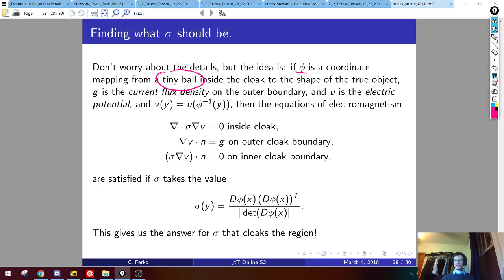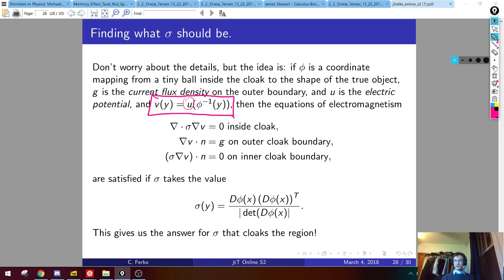But the point is that if you have such a coordinate map, which we use the Greek letter phi for, then the equations of electromagnetism can be written in terms of this new variable v, which comes from composing the electric potential function u that I wrote down before with the inverse map of phi.